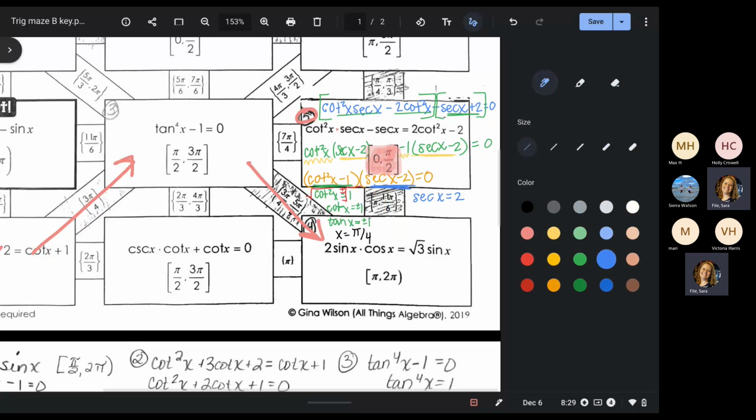Now for the other factor, for this one over here, I've got secant x equals 2, because I would have to add that 2 to the other side. And so if secant is 2, then its reciprocal cosine is 1/2. So where is cosine positive 1/2? It'd be quadrant 1 and quadrant 4. But again, because of this interval that they've specified to us, I only want the answer from quadrant 1.